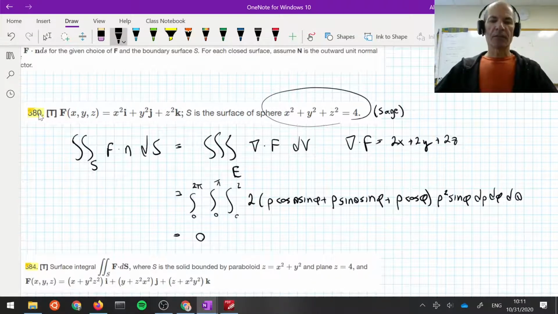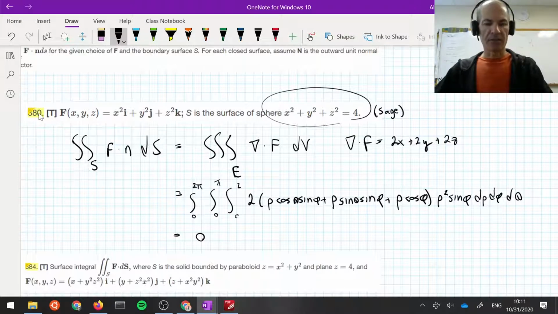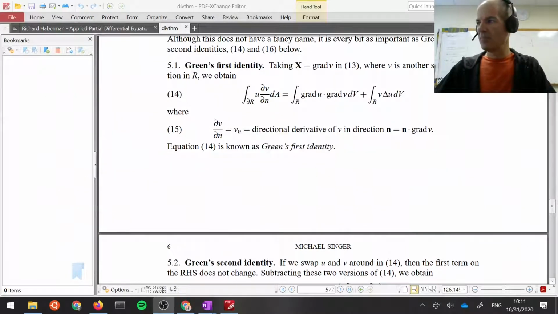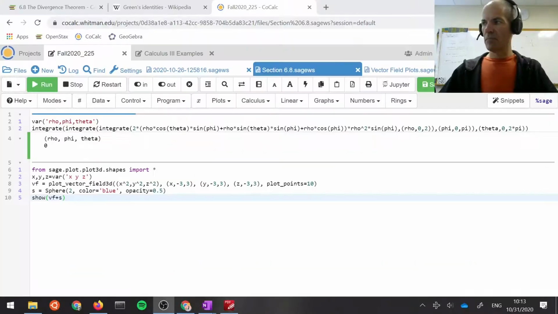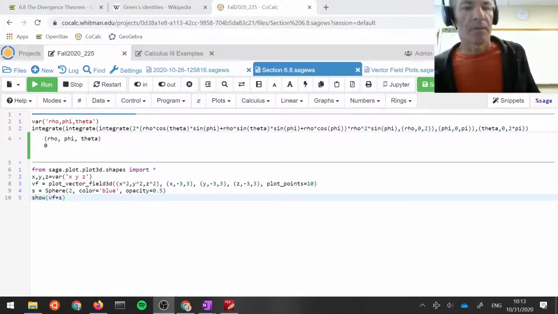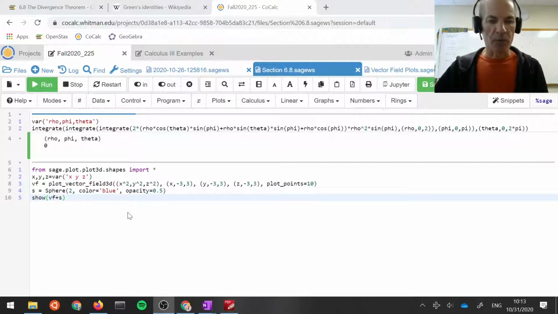Well, let's go over to Sage again and try to visualize this surface. Okay, so I just copied some vector field plotting stuff from another worksheet that I have. To do vector field plots, you have to use the plot_vector_field3d command from Sage, and then I also want to superimpose a sphere of radius 2 on the situation.